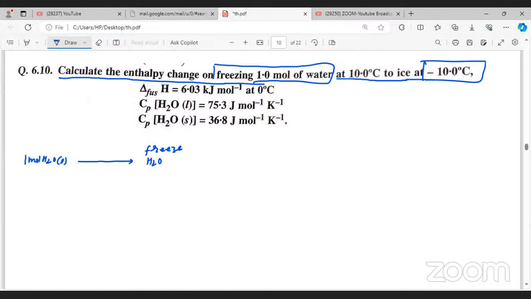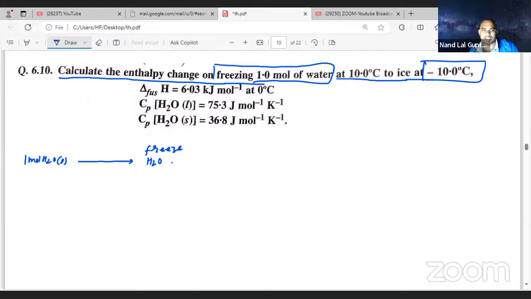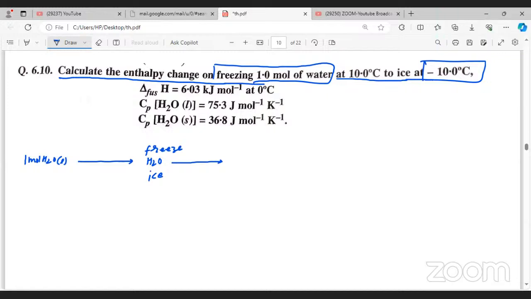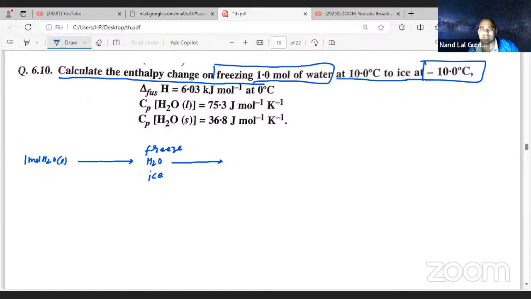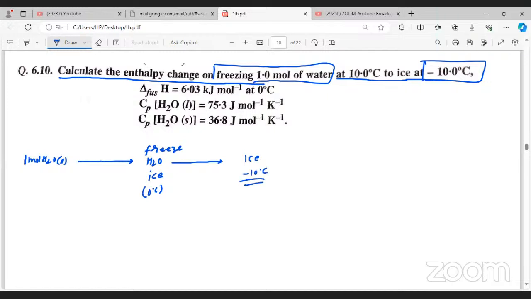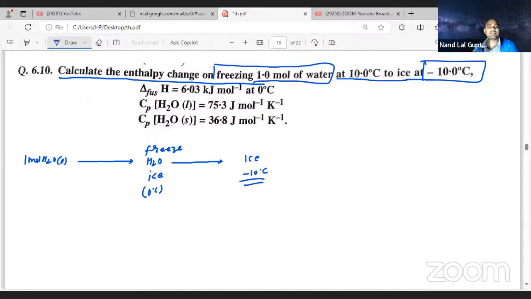Now this water freezing, then this water becomes the ice. So here the liquid changes to ice. Then finally this ice, suppose at 0 degree, is again converting to ice at -10 degrees C. So total 3 processes are involved.